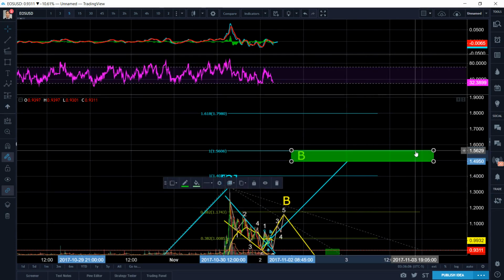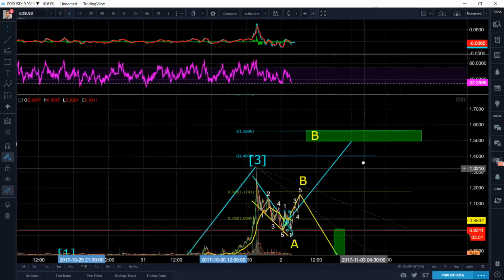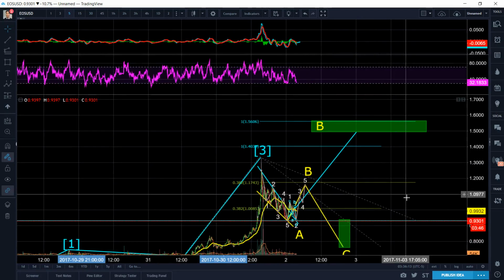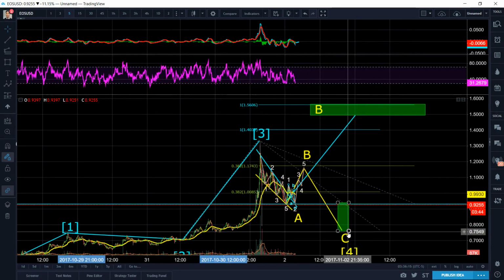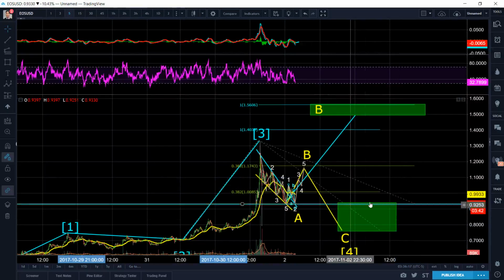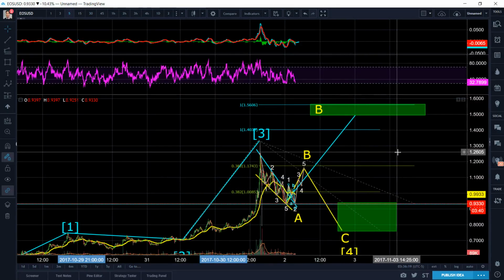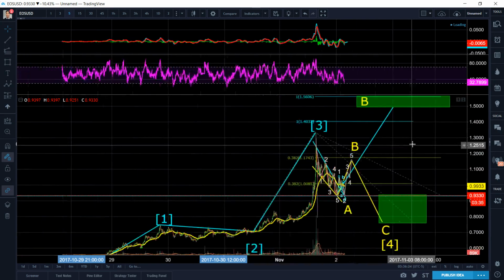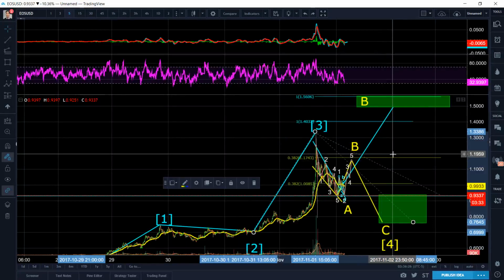That could be one level. Now that's 1-to-1, so that's actually a really realistic target as well. So I'm going to make these my buy zones right here. This is going to be my buy zone right here, and this is going to be my sell zone right up here. So these are my short-term targets just for the next few days.